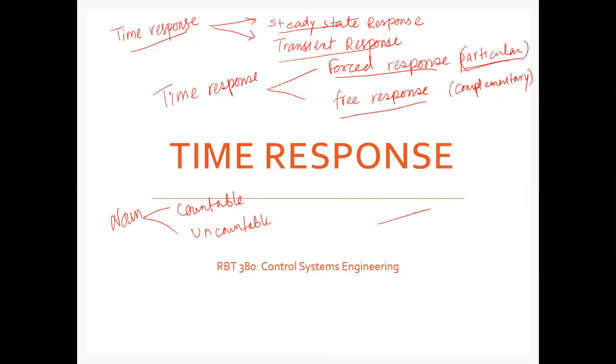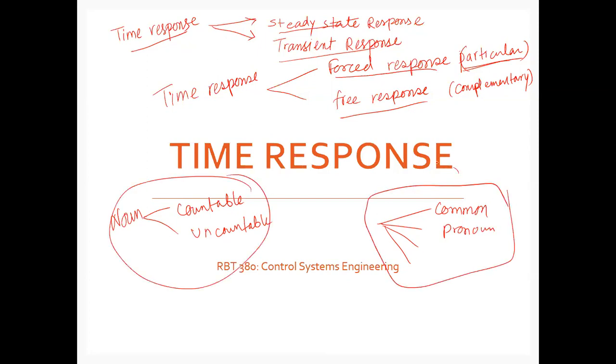But there is another way that we can categorize nouns also, common noun, proper noun, and so on. So there are different perspectives. In the same way, time response also has different names: steady state, transient, or particular, complementary, this kind of stuff.